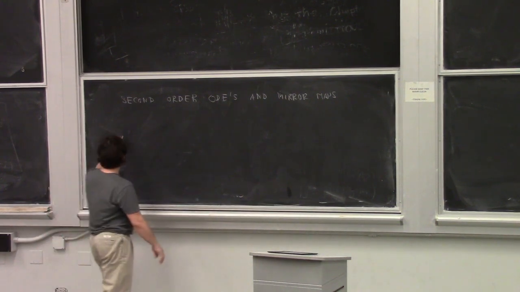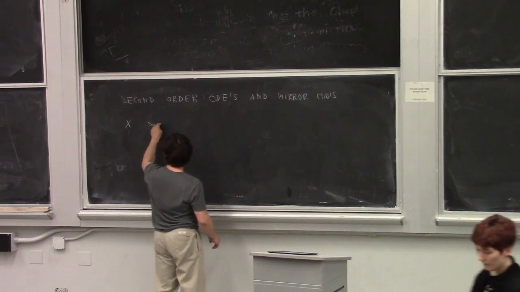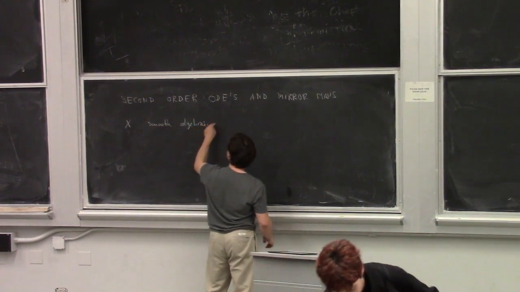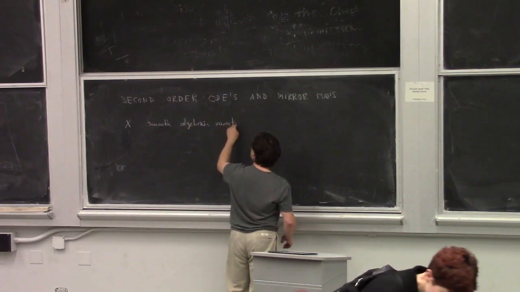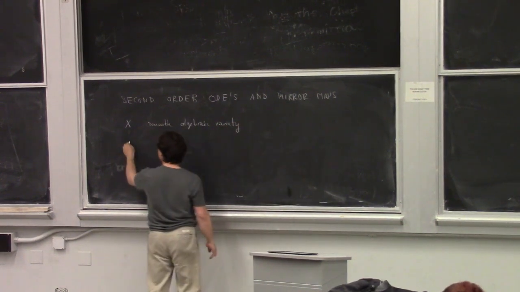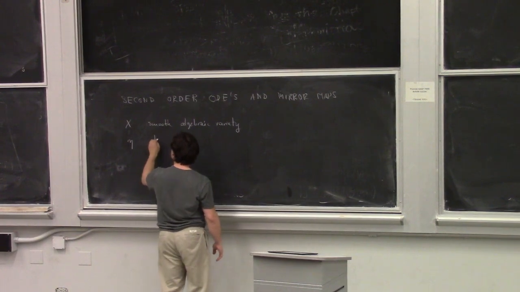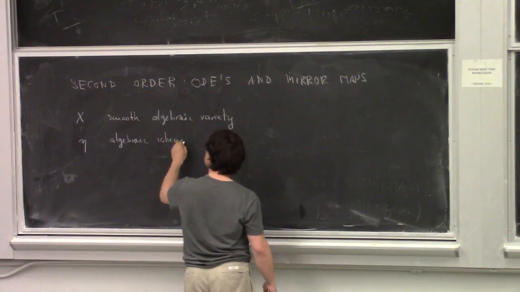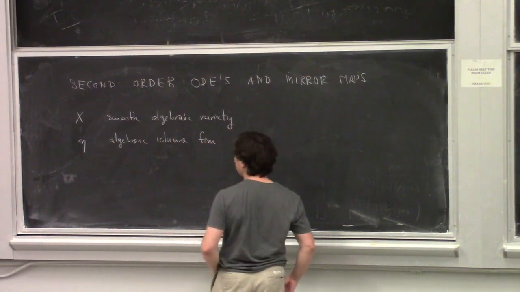Okay. So let X be a smooth algebraic variety, which is Calabi-Yau, so it comes with an algebraic volume form. Okay.